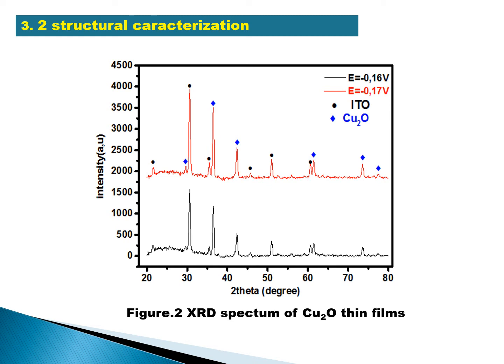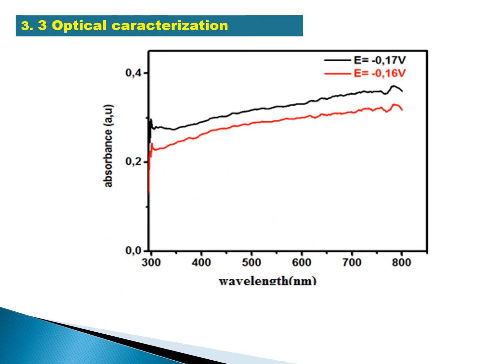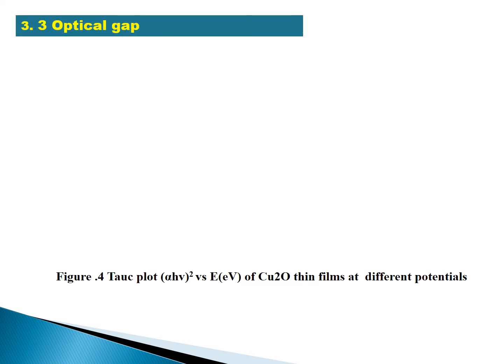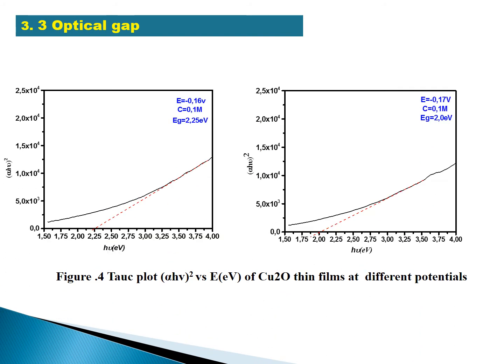with different structures. The optical characterizations of the deposited film show high absorbance in the visible range, and the highest absorbance is for the potential of minus 0.17 volt, and the optical gap for both potentials was 2.25 electronvolt for the potential of minus 0.16 volt and 2 electronvolt for the potential of minus 0.17 volt.